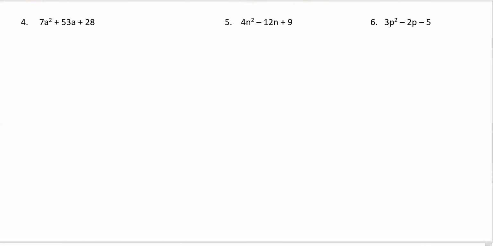Number 4, same thing. I'm just going to write down the factors. I suggest if you have questions, take these to your class on your virtual classroom and be sure to ask your instructor. Number 5, you might notice is going to follow the pattern of a perfect square trinomial.